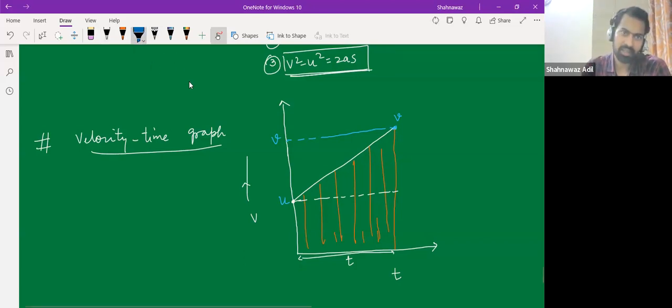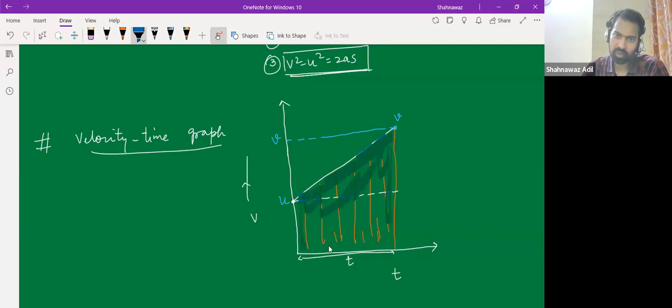Akib and Rishit, the area under this triangle, graph, parallelogram. I am asking about that. What is the area under velocity time graph? What does it give?